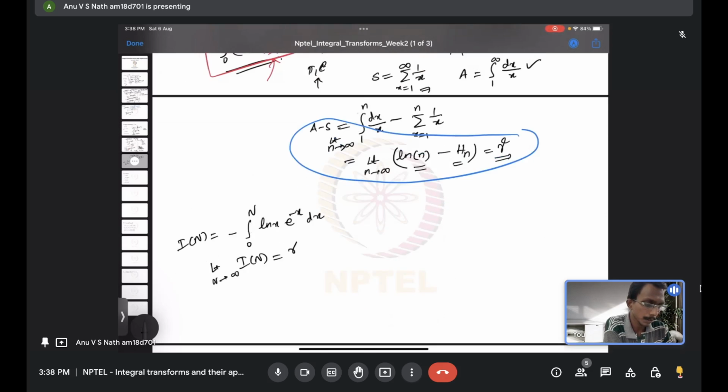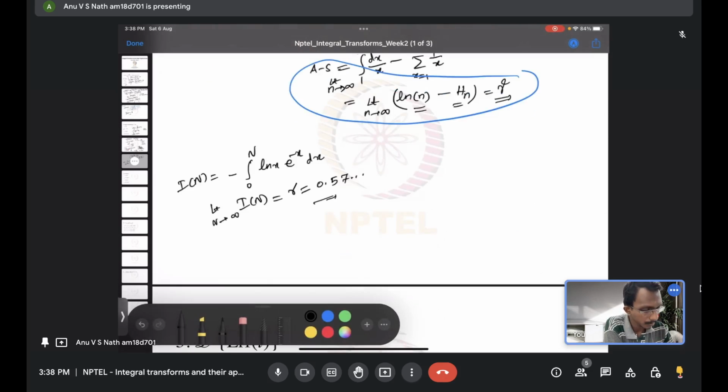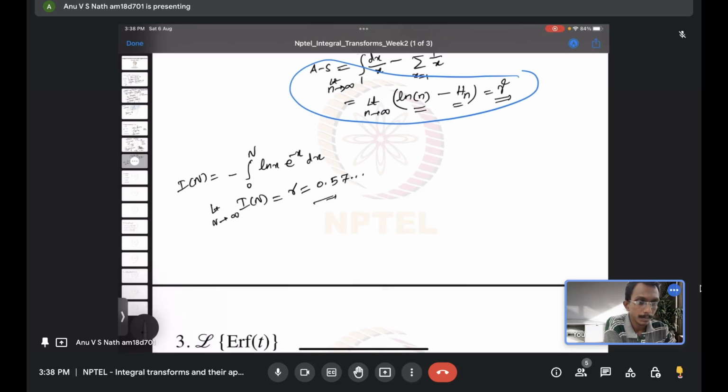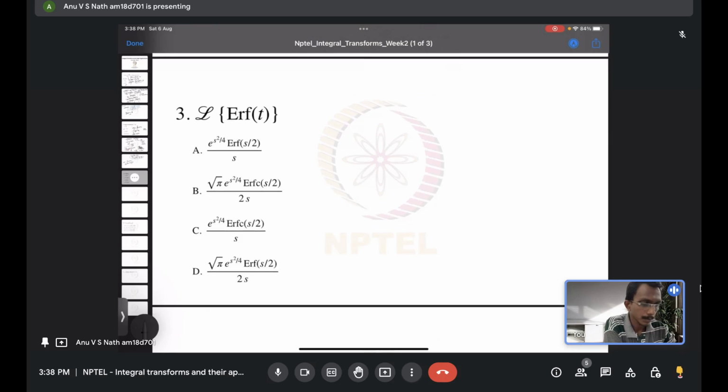You can do this numerically using some integration method like Simpson's rule or the trapezoidal rule, and evaluate its value, 0.57 something. Okay sir. Any other question? Okay, I think that's clear. Then we'll move to the next question.